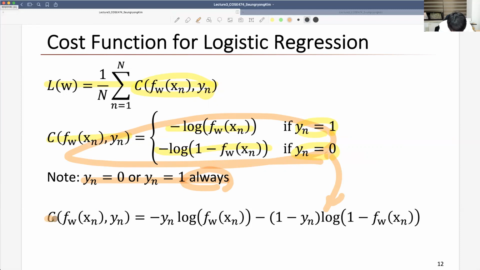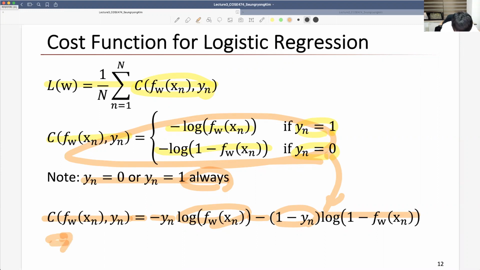Here, this cost function is going to be negative yn times log f_w(xn) minus (1 minus yn) times log(1 minus f_w(xn)), right? So this is the single equation for this logistic regression problem.